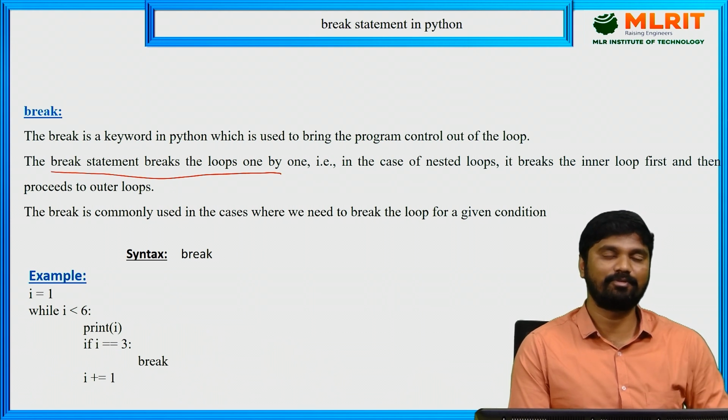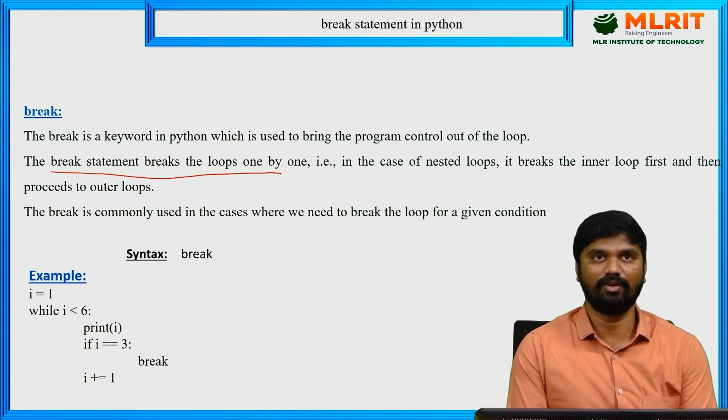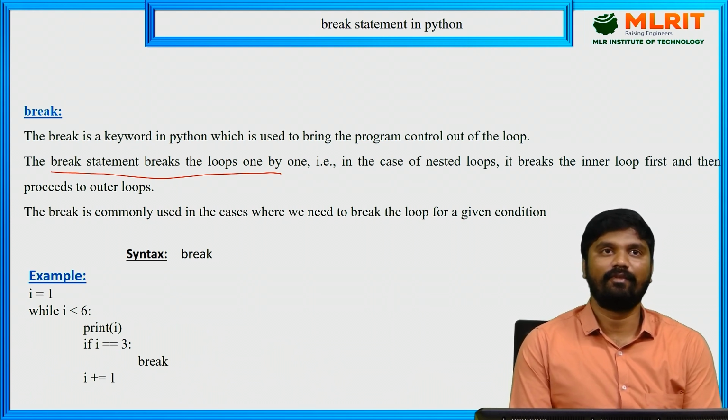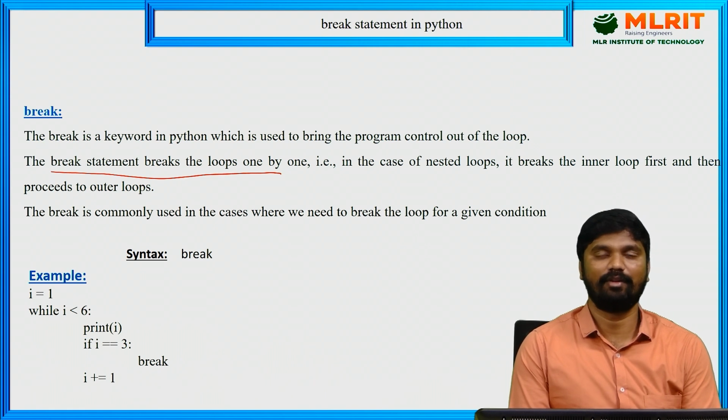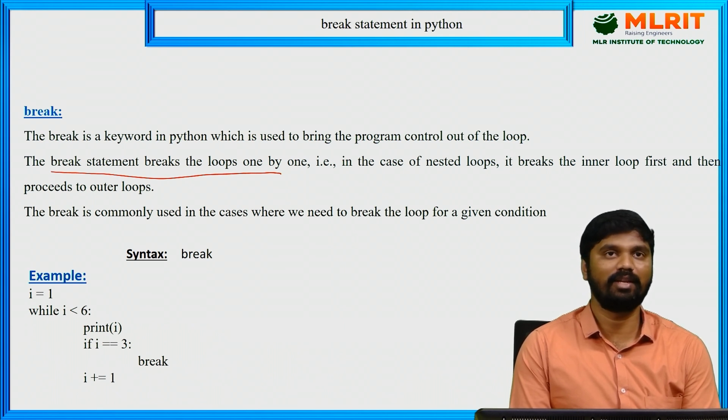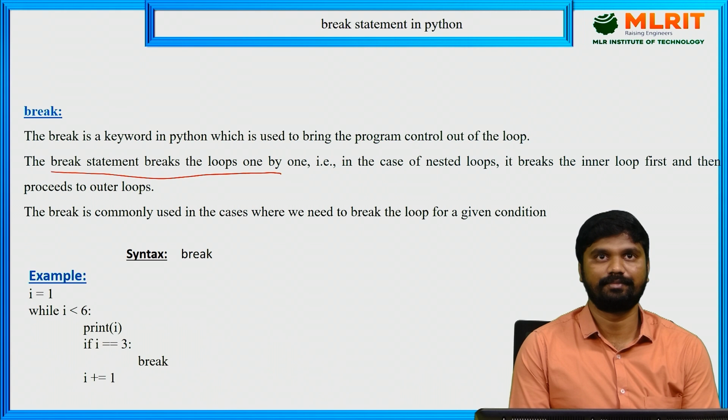For what purpose do we use the break statement in loops? Whenever a condition is met and you want to terminate the loop forcibly, then you can use the break statement. So the break statement is used to terminate loops.